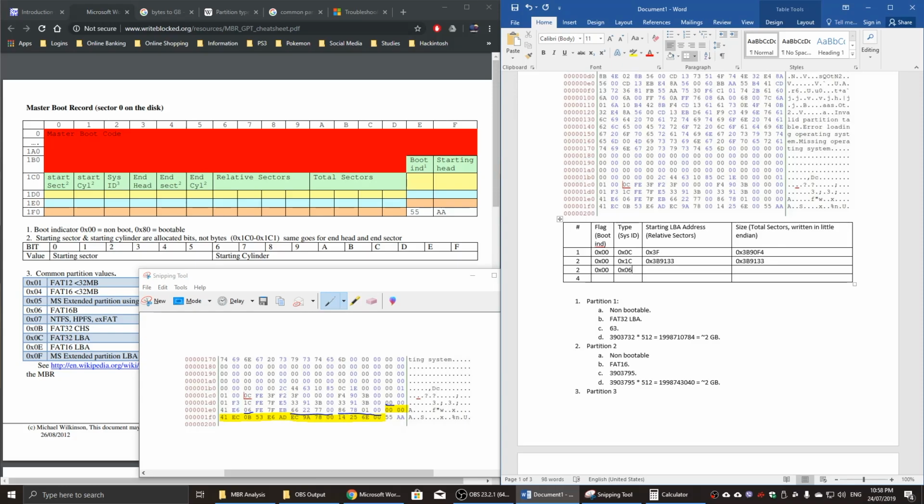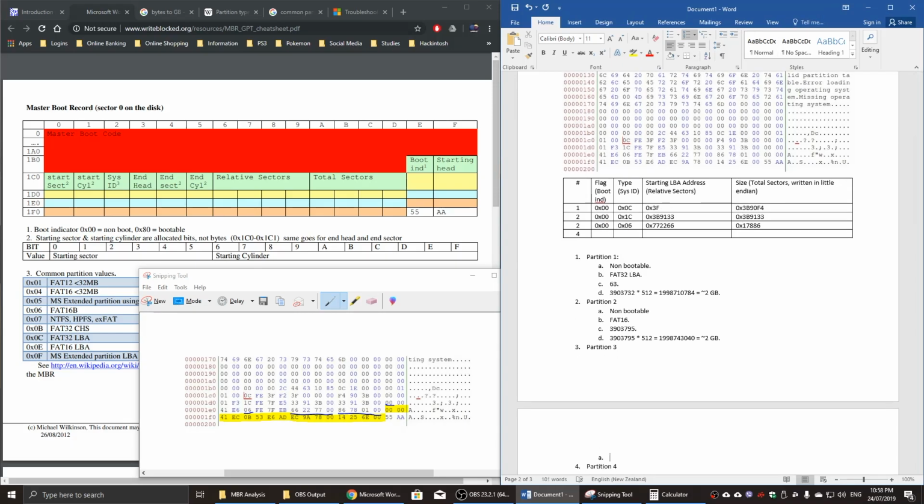What is 06? It's a FAT16B type partition. Then 0x00772266. We'll take out the starting zeros. 0x00017886. Take out the starting zeros. So partition 3 is non-bootable again, and 6 is a FAT16B.